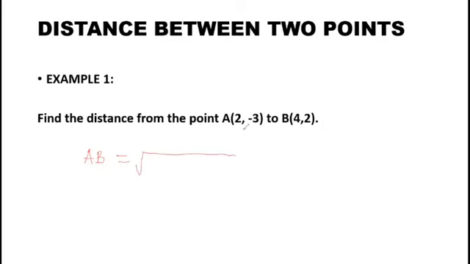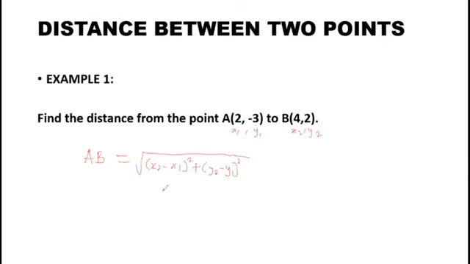Now, in order not to confuse yourself, it is advisable you label the coordinates of the points. So this is x1, y1, and this is x2, y2. So the general formula for finding the distance between 2 points is the square root of (x2 minus x1) all squared plus (y2 minus y1) all squared.